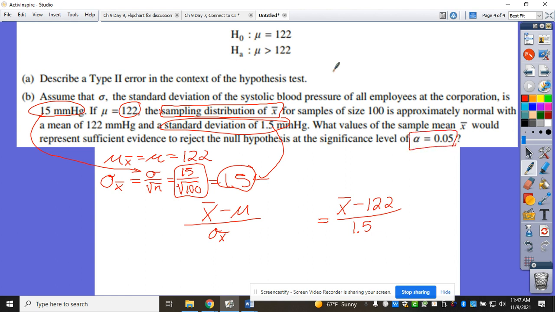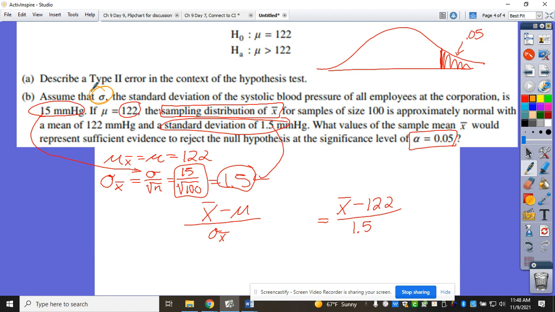So this is telling me that it should look like this. If this is 0.05, I have to find my critical value. My critical value is either Z or T, but because it gives me sigma, then I know I'm using Z. So this actually ends up being the same kind of problem we just did.